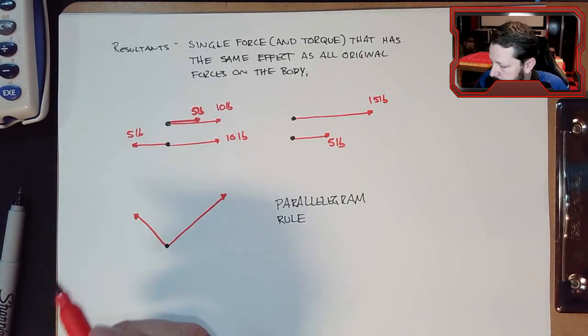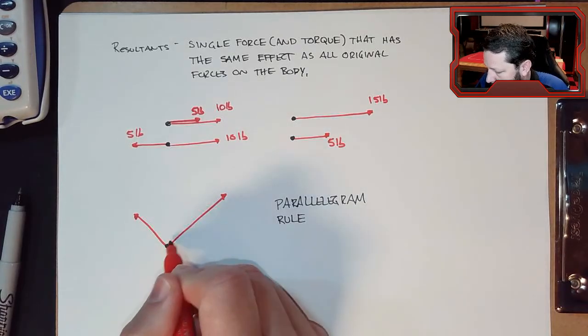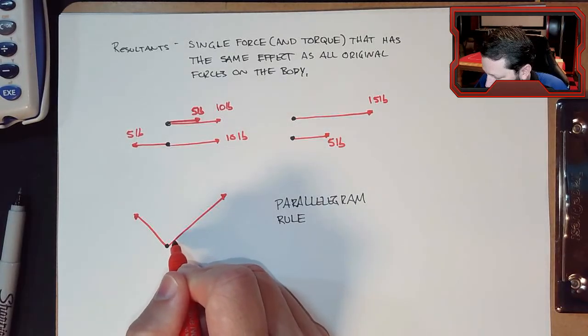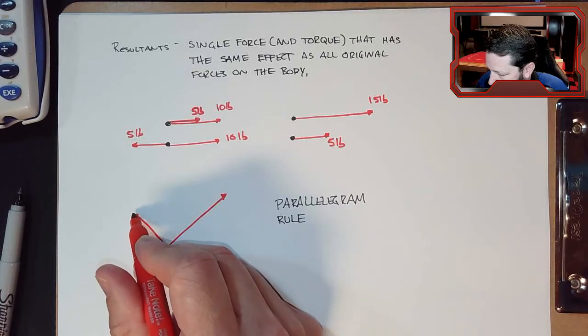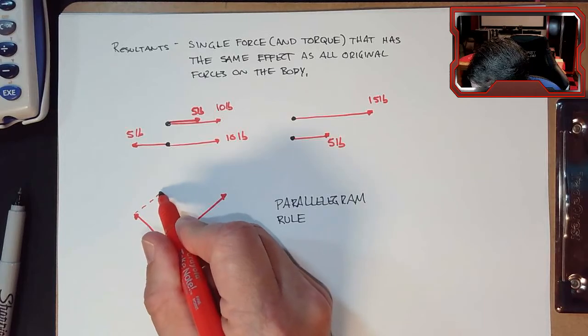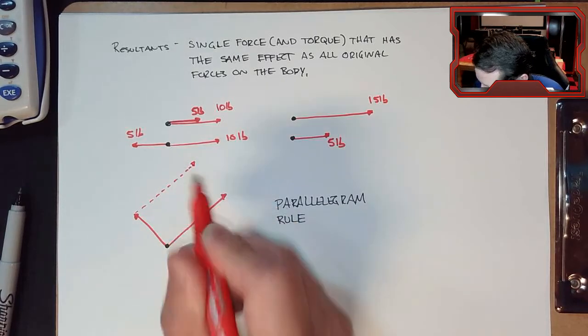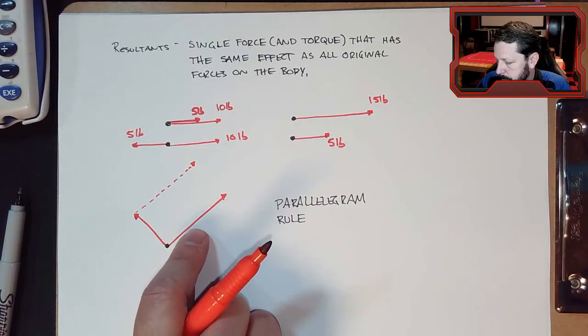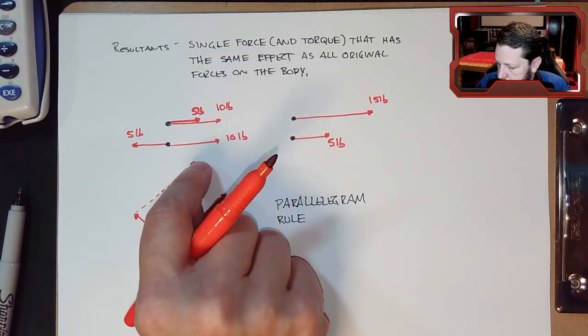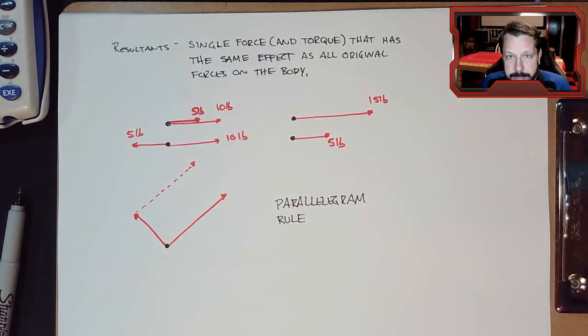How you do that, if you have two forces, or if you have multiple forces, is you take one of them and move it. So take the tail of it and move it up to the head of the other one. So this moved force is parallel to the original one. And if you had another force, you'd add it on to the tail of this one and then keep adding them all together.